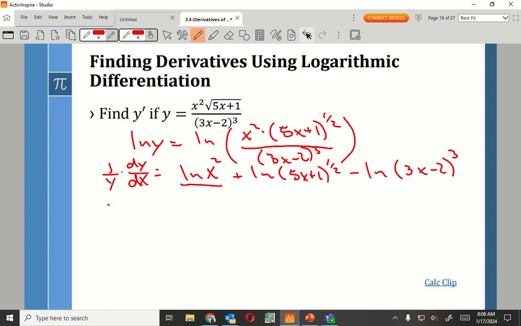And now I'm showing it using my log rules, and it still works out to be the exact same thing. But it makes life a little bit easier if I just move my exponent to the front using my log rules. So this is going to be 2 ln x, because my exponent comes out front.